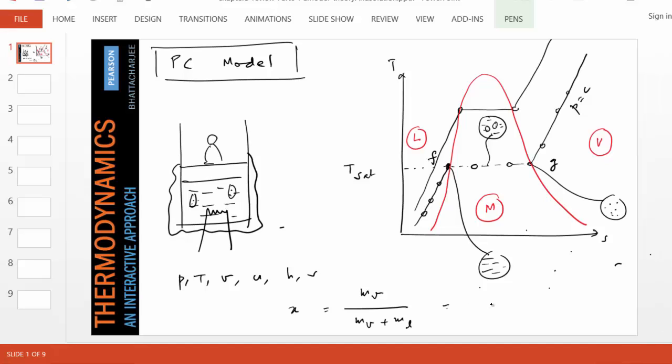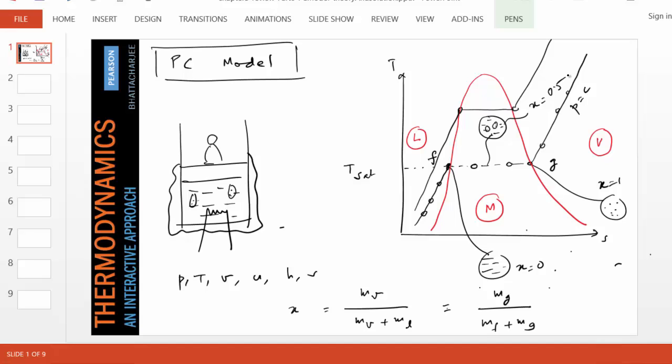We know the vapor is the G state, so you can also write it as the mass of the G state over the mass of F plus G. So the quality quantifies how much vapor is present in a mixture of vapor and liquid. If X equals 1, it's pure vapor. If X equals 0, it's pure liquid. And somewhere between, suppose X equals 0.5, then we have a mixture of liquid and vapor in 50-50 proportions.